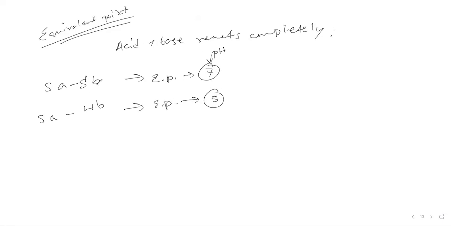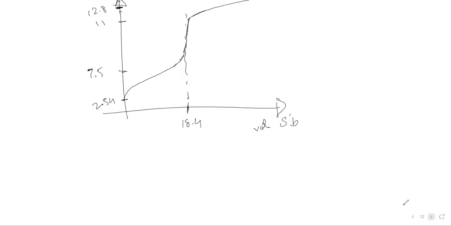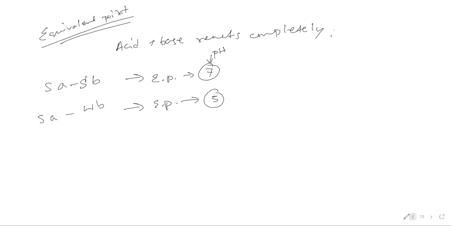It doesn't matter where the elements are being added from, the burette or the conical flask. What matters is what the elements are. So if the combination is strong acid and weak base, then the equivalent point should be at 5.